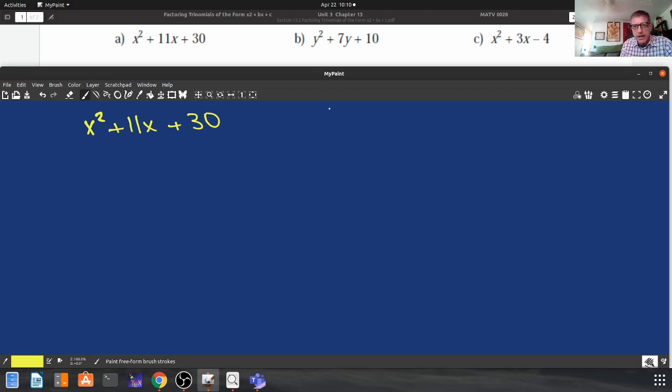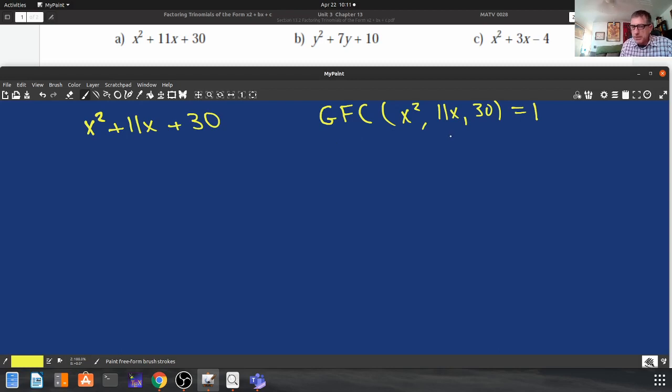So the first thing I always have to mention is we want to see what the GCF of all of our terms is. And usually the GCF is going to be equal to 1, in which case that leads to a trivial factorization. I can put parentheses around it and multiply it by 1. I didn't learn anything.